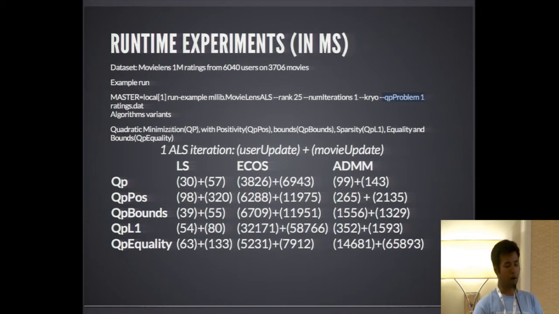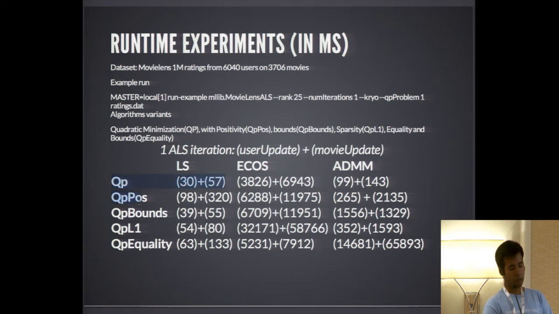Then you can put bounds, which means each factor should be between 0 and 10, say. Then you can put sparsity, so that out of the 25 latent factors you want, only 4 factors are picked. And the last one is equality and bounds.